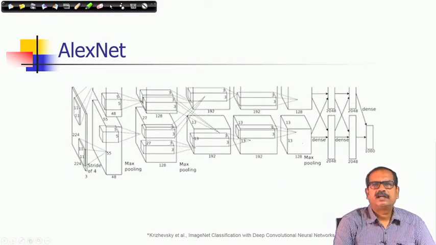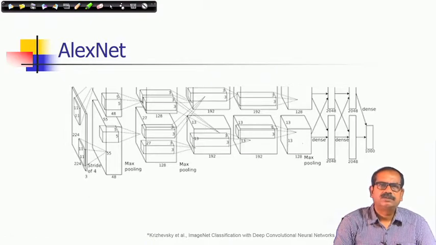A schematic diagram of AlexNet is shown here. It also shows some of the information related to the size of the input. It processes 224 by 224 inputs, takes filter sizes of say 11 cross 11, and then uses max pooling of 5 cross 5.